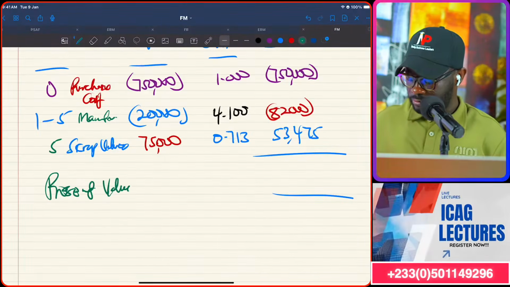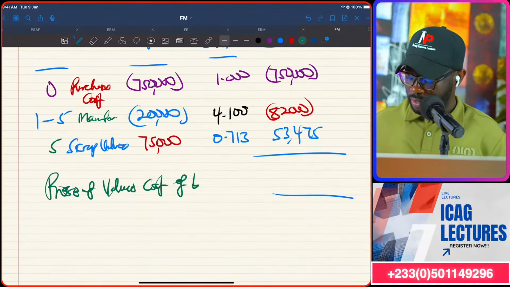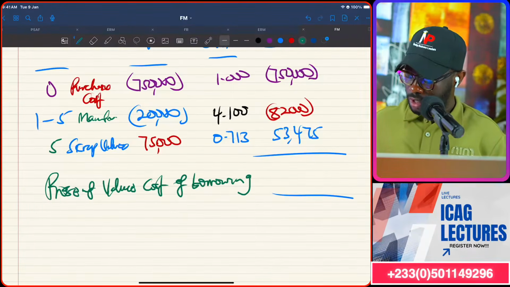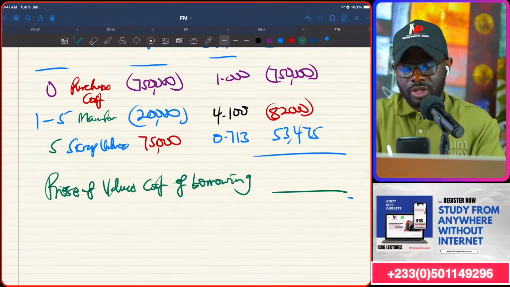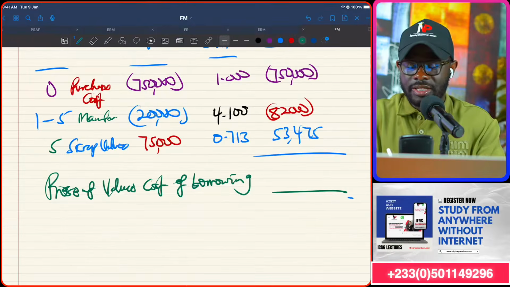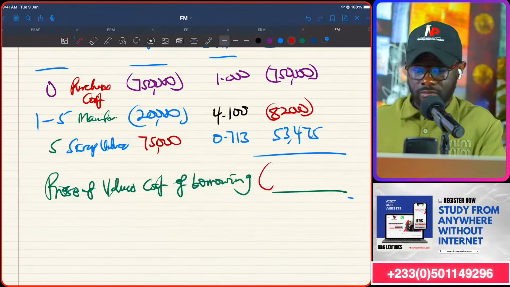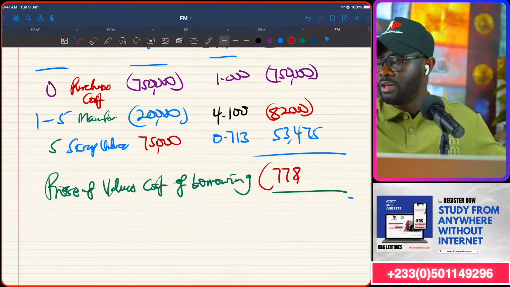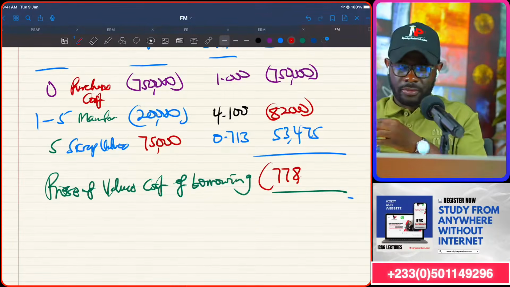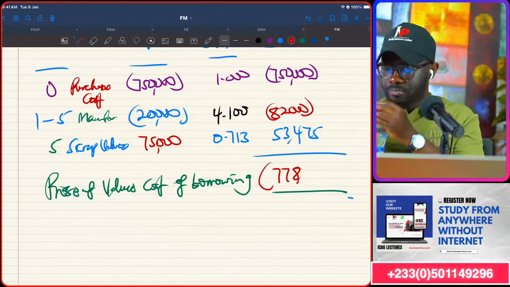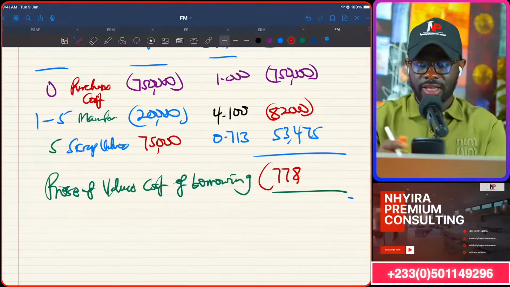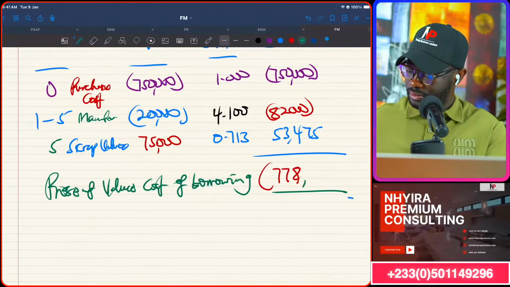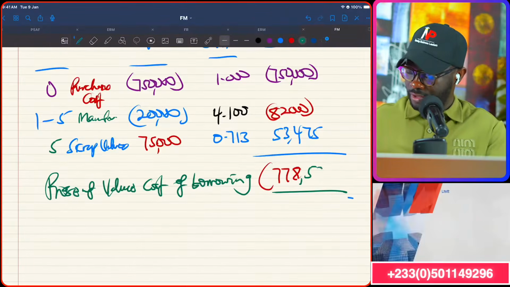So when we borrow to buy the asset, the present value cost of borrowing will be how much? Minus 82,000 minus 750,000, plus the scrap proceeds, and I'm getting 778,525.